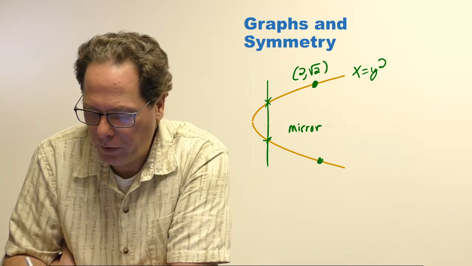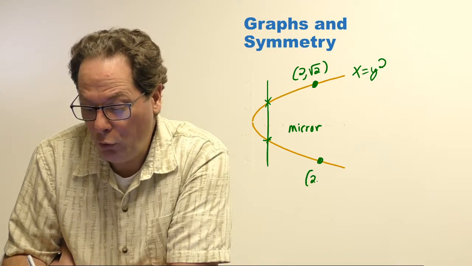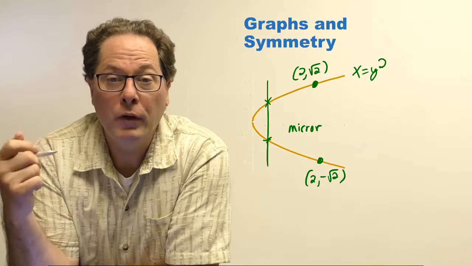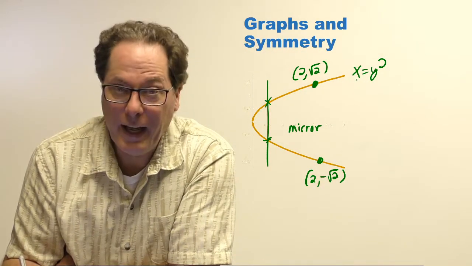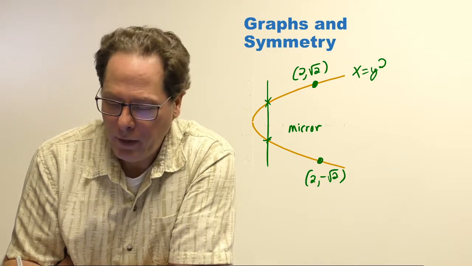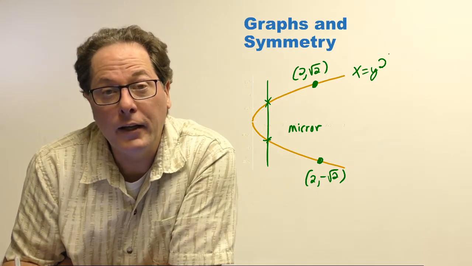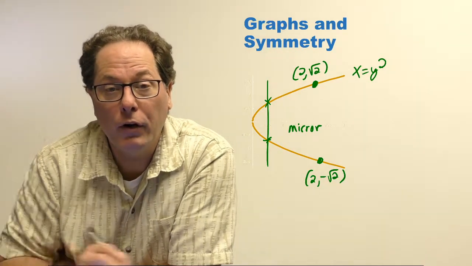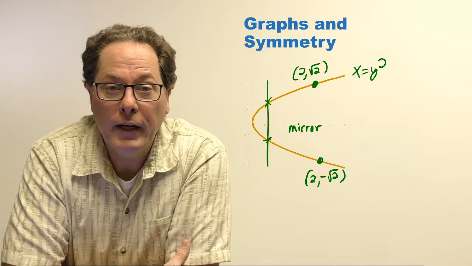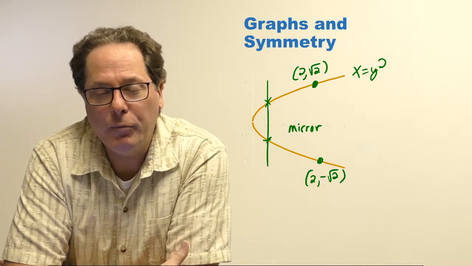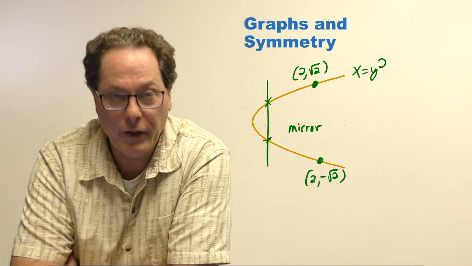The mirror point on this side would be (2, -square root of 2). And either one of those, if you put in an x of 2, and on the right-hand side, if you square that y, you get positive 2 in either case. So that's why this is an unusual graph, because it's actually not a function.